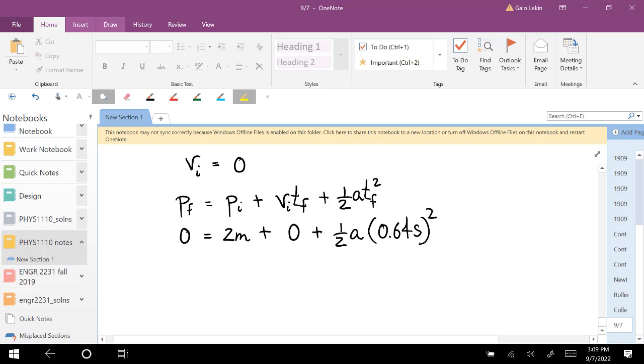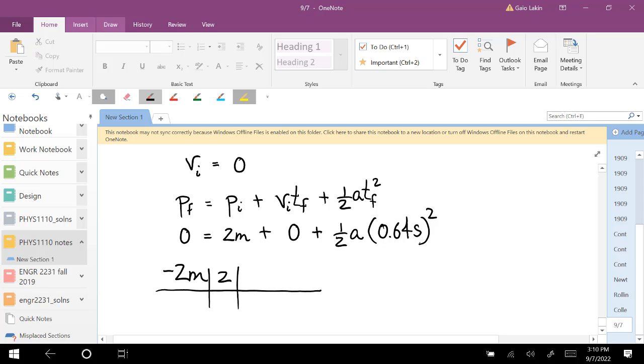Okay, so subtract 2 meters from both sides, so we have negative 2 meters. And then I'm going to multiply both sides by 2 to get rid of that 1/2. And then I'm going to divide both sides by 0.64 seconds squared.